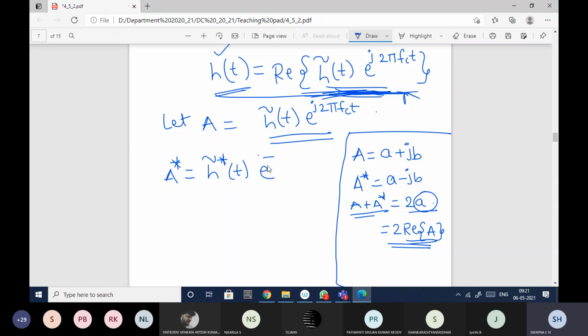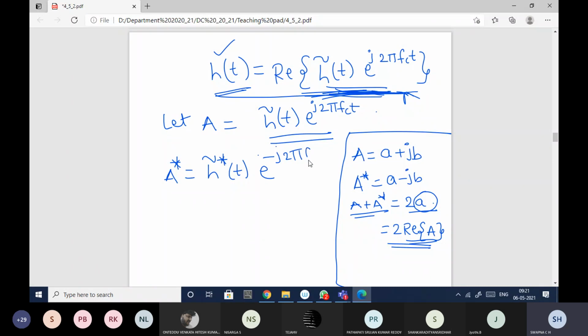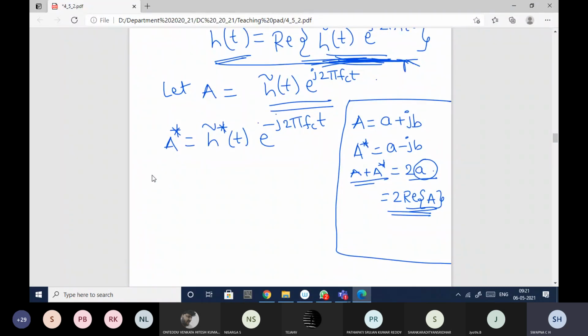What is the complex conjugate of e power j2 pi fct? E power minus j2 pi fct. Okay. Now here also what I'll do, I will write A plus A star.